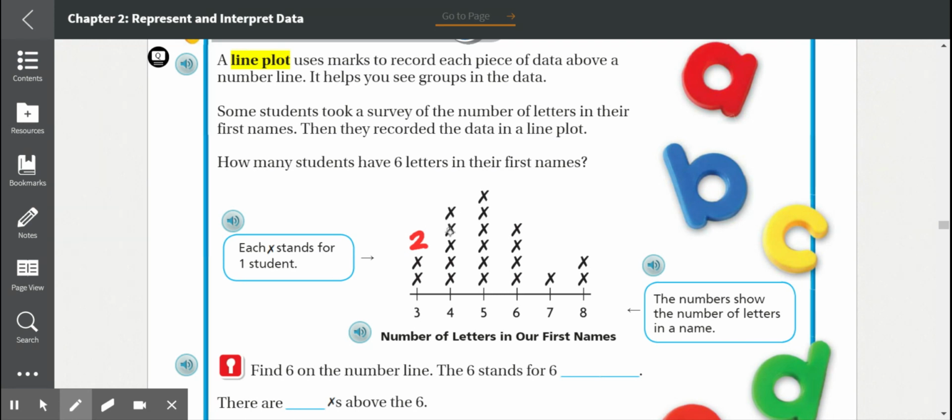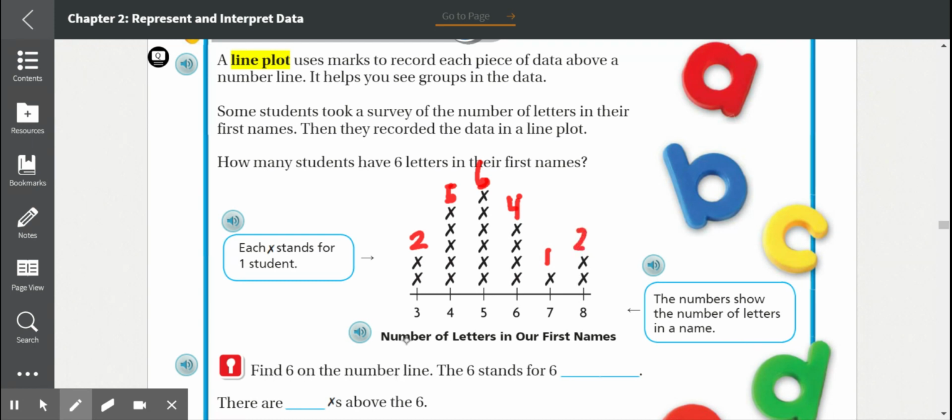There are 5 students that have 4 letters, 6 students that have 5 letters, and 4 students that have 6 letters. 1 student has 7 letters and 2 students have 8 letters.